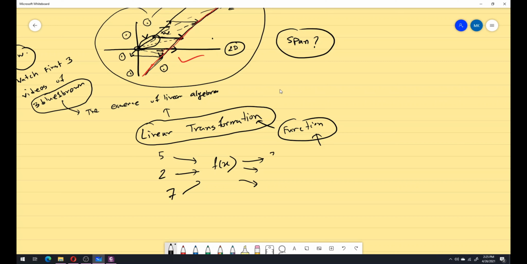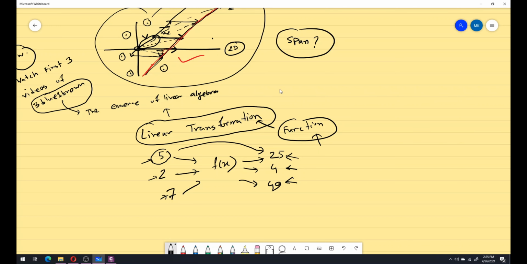So 5 becomes 25, 2 becomes 4, 7 becomes 49. So in a function you input something and you get output of a similar genre of thing. You input numbers and you get numbers, but in a transformed version.